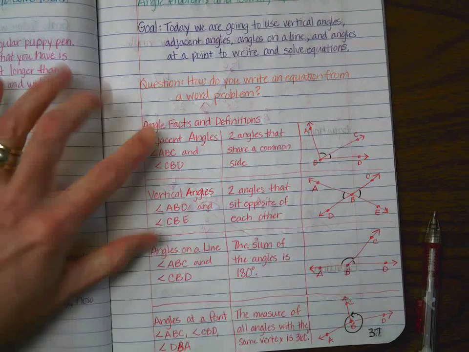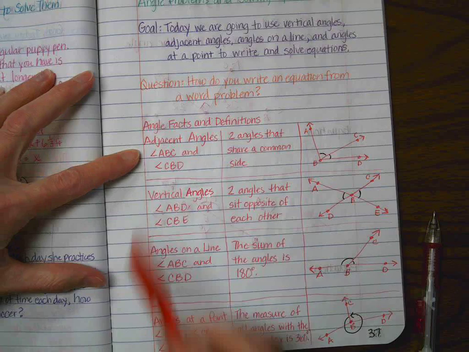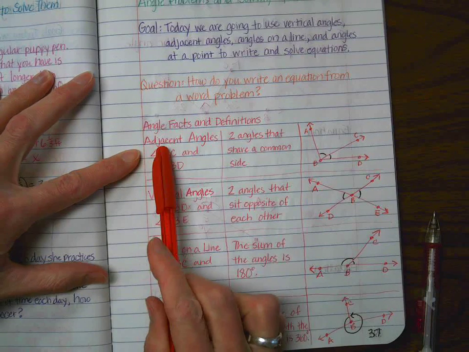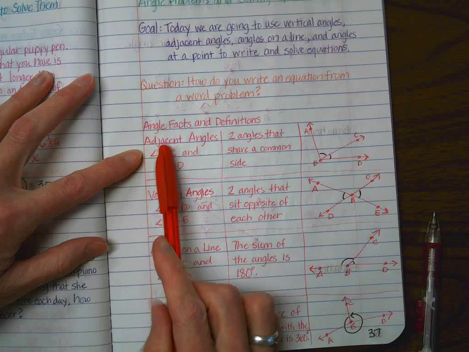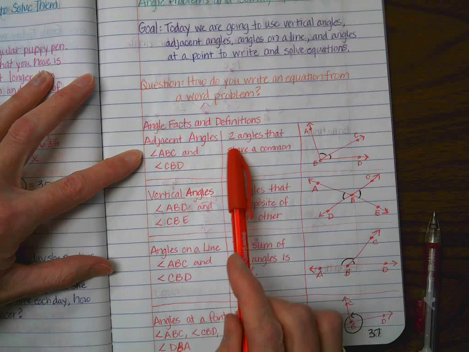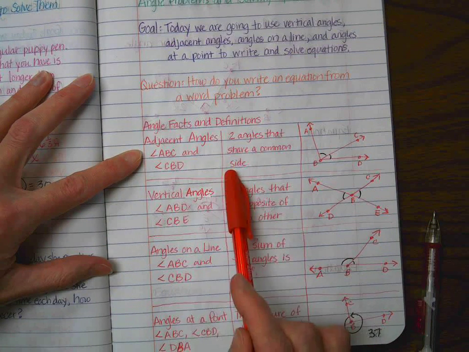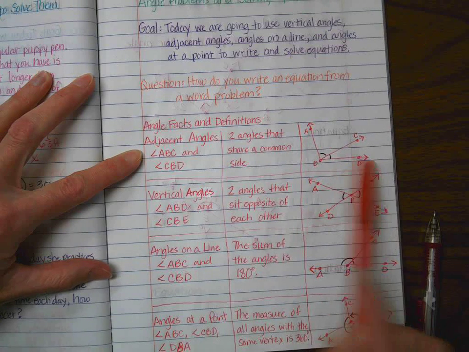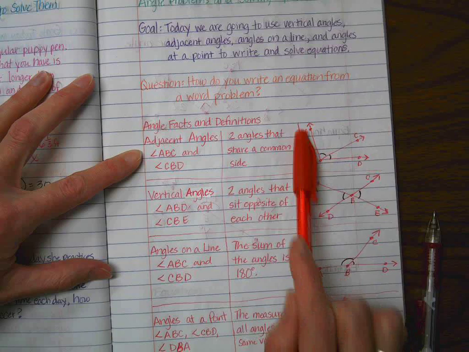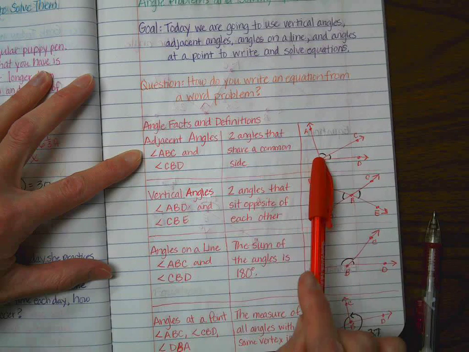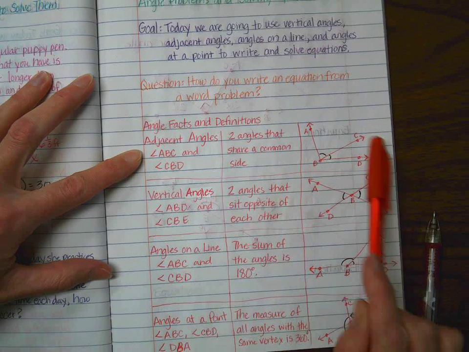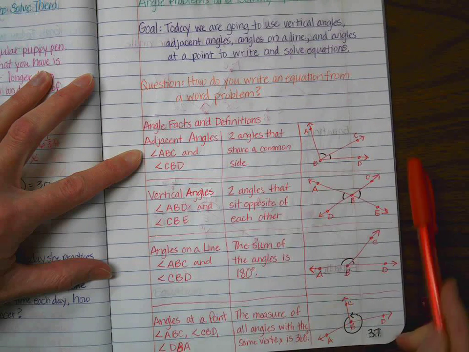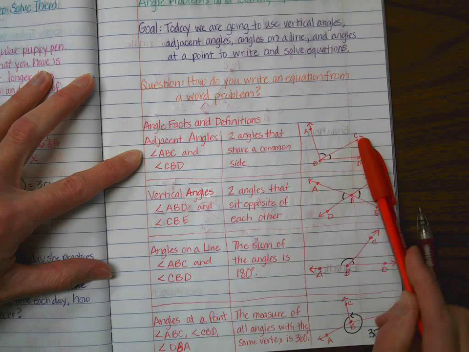Okay, so we have angle facts and definitions. Adjacent angles. The word adjacent means right next to. So the definition of adjacent angles is two angles that share a common side. Here's a picture of two adjacent angles. We have angle ABC, with that little black, and then CBD, this little one, and they share a common side of BC.